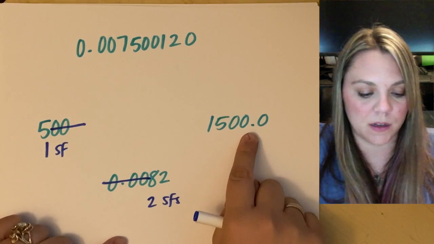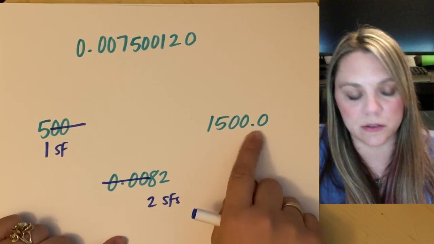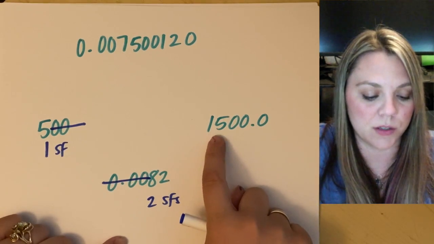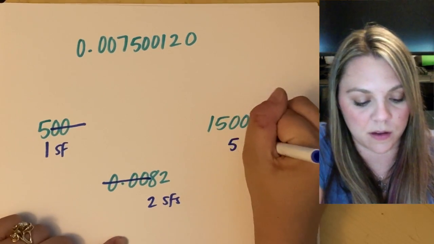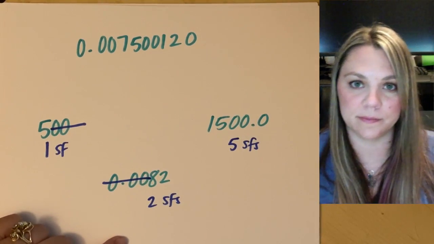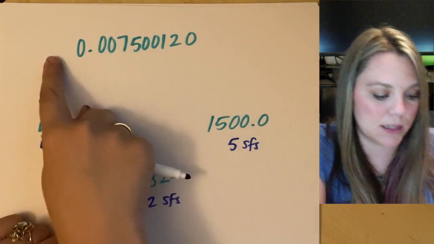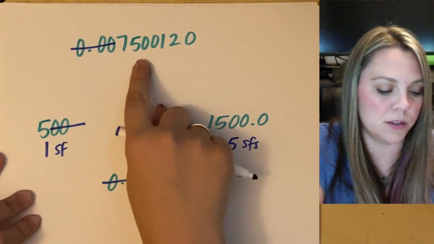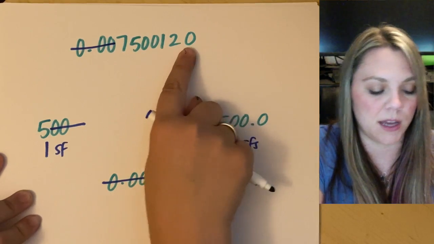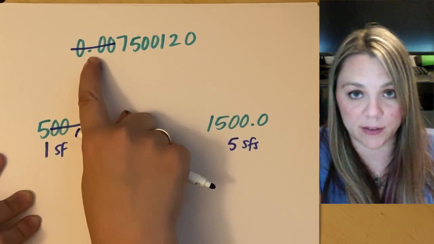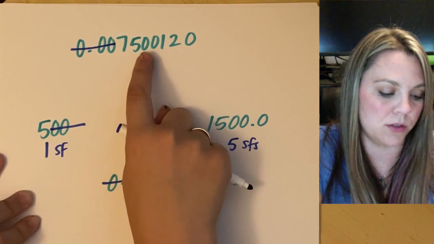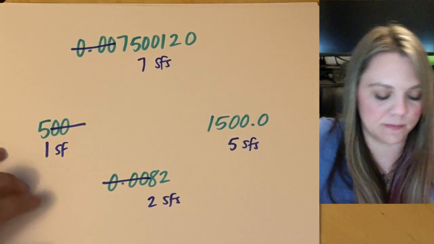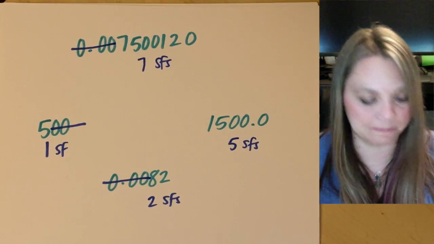In this case, there is a decimal, so any zeros to the right with a decimal are significant, so I have 1, 2, 3, 4, 5 sig figs. And in this case, leading zeros don't matter, trapped zeros do, and trailing zeros when I have a decimal also matter. So this will have 1, 2, 3, 4, 5, 6, 7 sig figs.